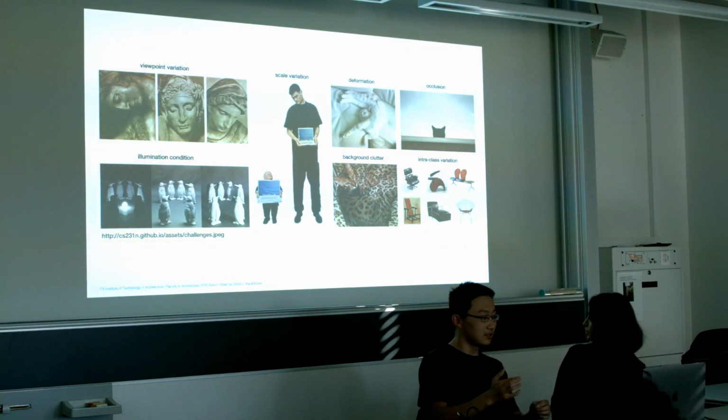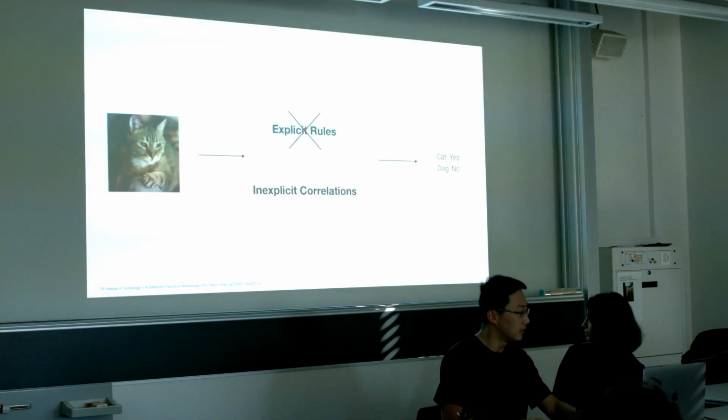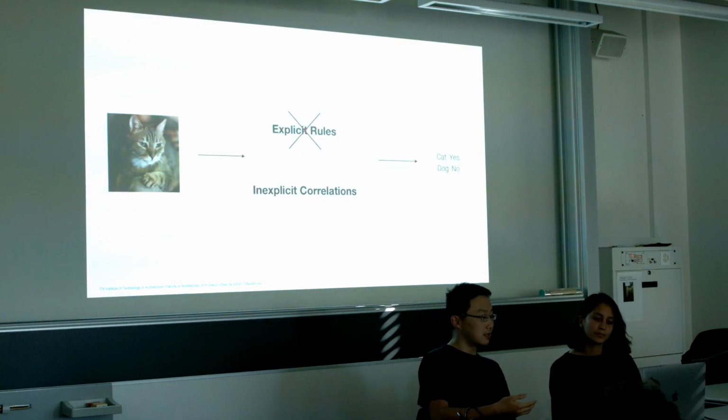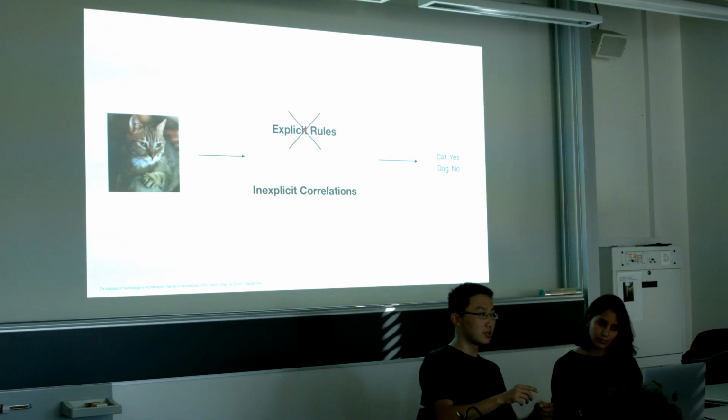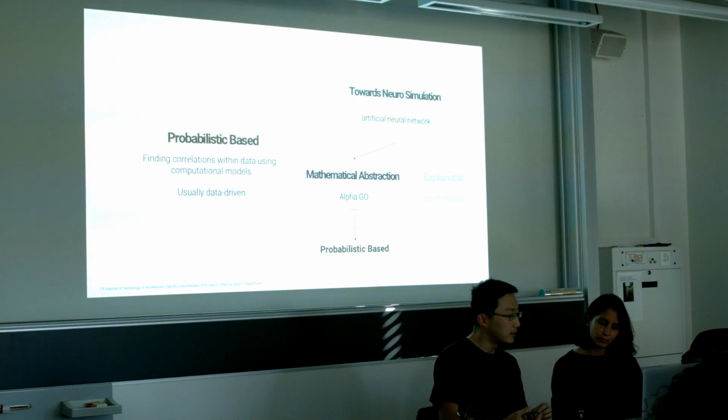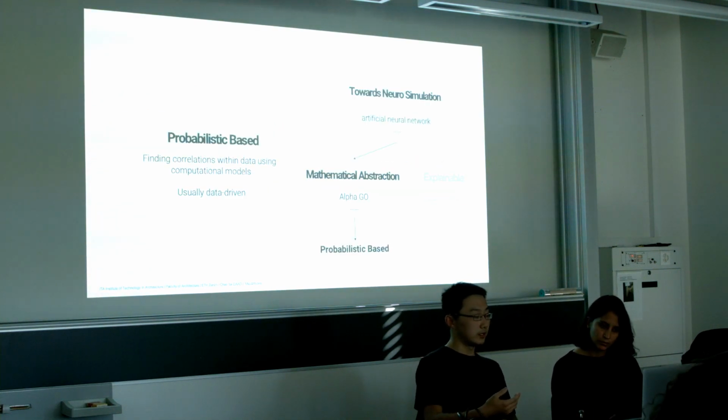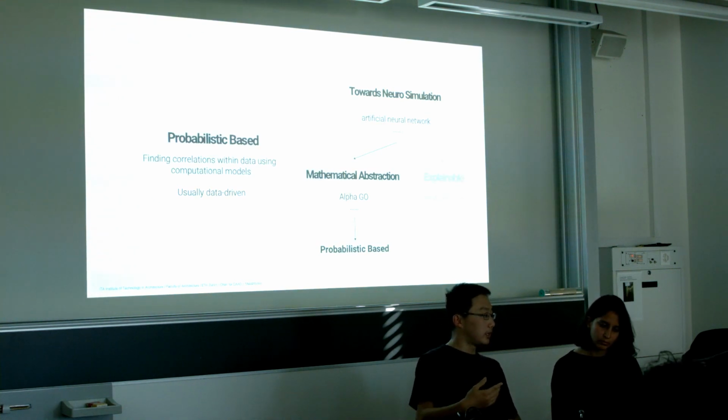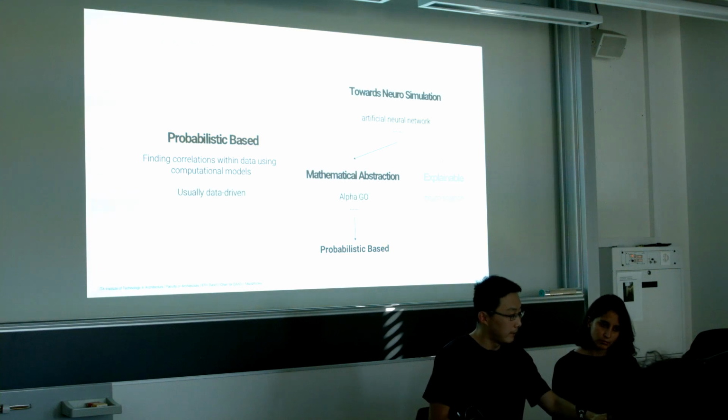So basically, this is impossible, and therefore scientists began to ask: is there a way that, instead of making explicit rules, we can find the inexplicit correlations between the image itself and the answer we want to have? And this is where the second branch was taken up again.